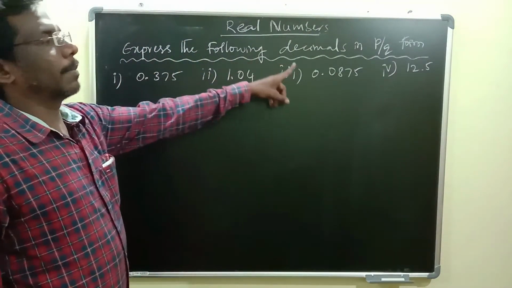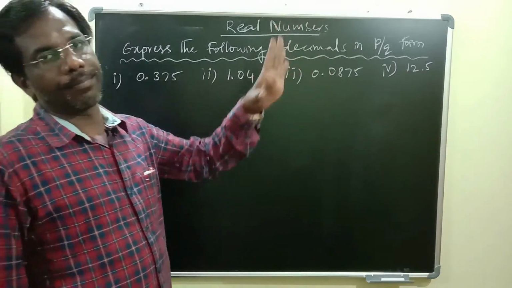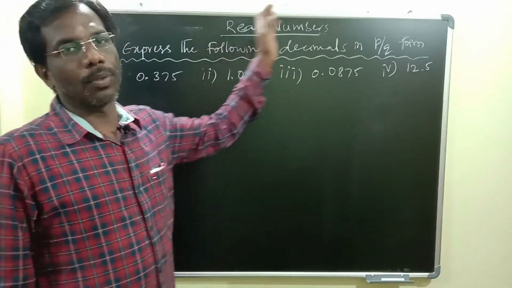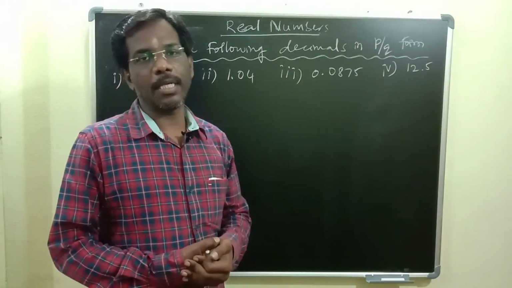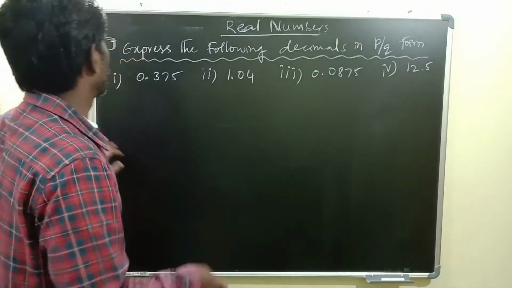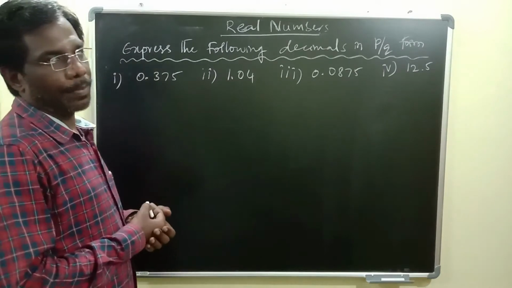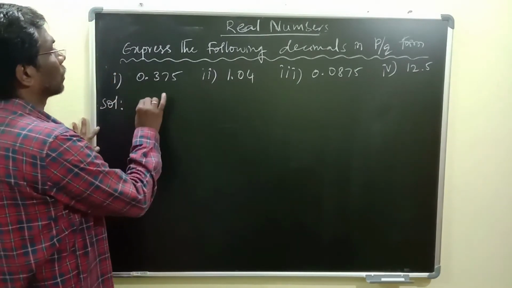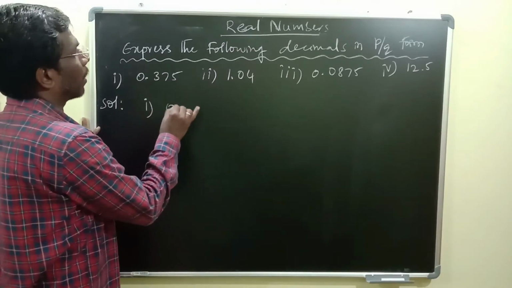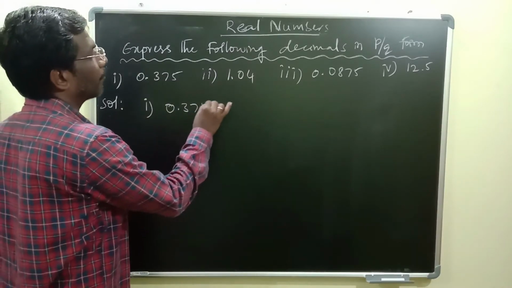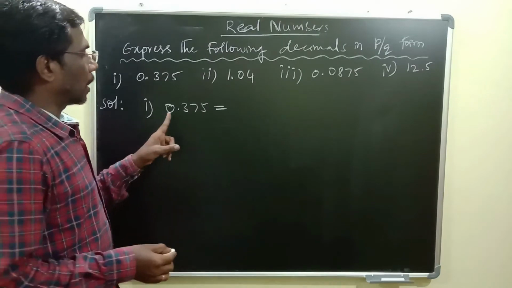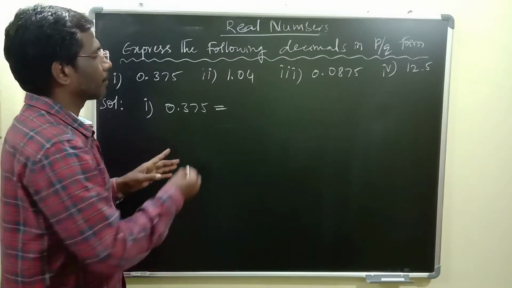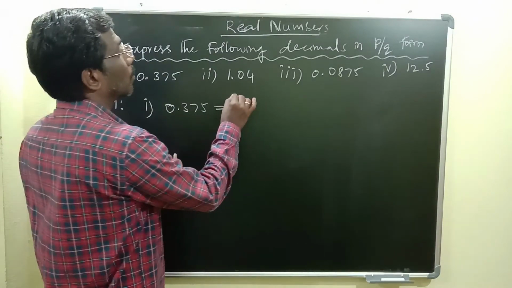Now express the following decimals in p by q form. The decimals convert into rational form. It is what? Fraction form. The first question is 0.375. So I am going to solve the first one. For removing this dot or point, what we want to do?